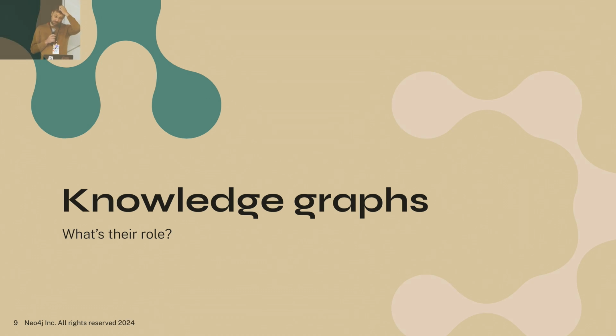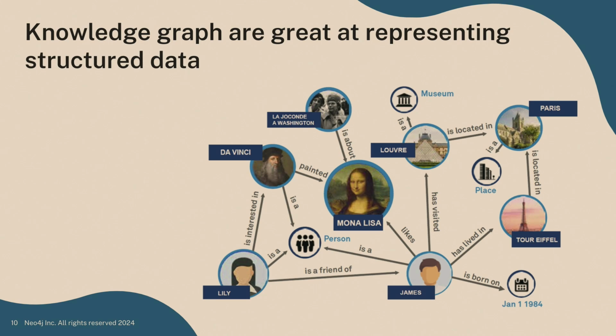And then what does this have to do with knowledge graphs? I'm lucky that Liane did a nice introduction to knowledge graphs, so you know what we're talking about. For 15, 20 years now, it was known that knowledge graphs are really good at representing structured data, because you can have entities, or nodes, such as real-world entities or digital entities.